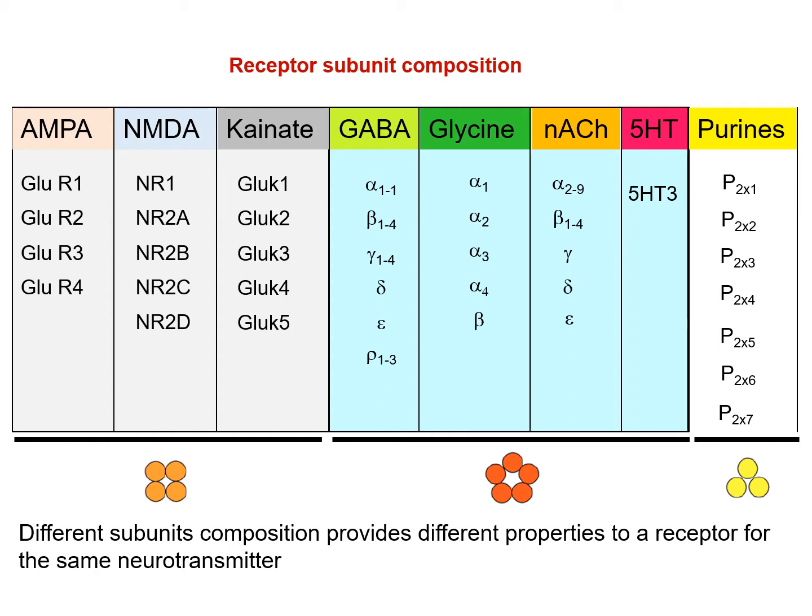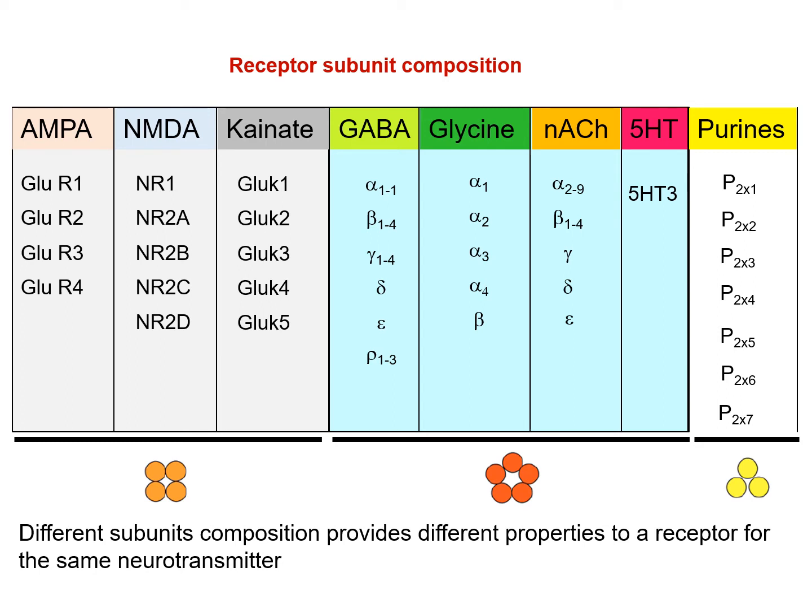In the case of AMPA receptors, there are 4 types of subunits that can combine differently to form different kinds of AMPA receptors. That means that they could have one GluR1, 2 GluR2s, another GluR3, and different combinations of those 4 subunits. In the case of NMDA receptors, we have 5 different subunits that can combine differently to form the tetramer.